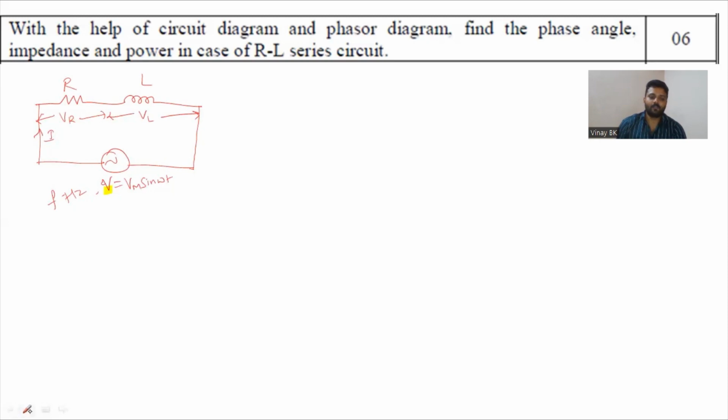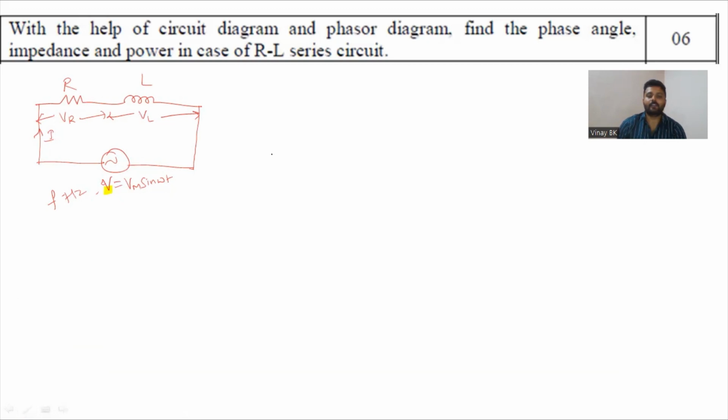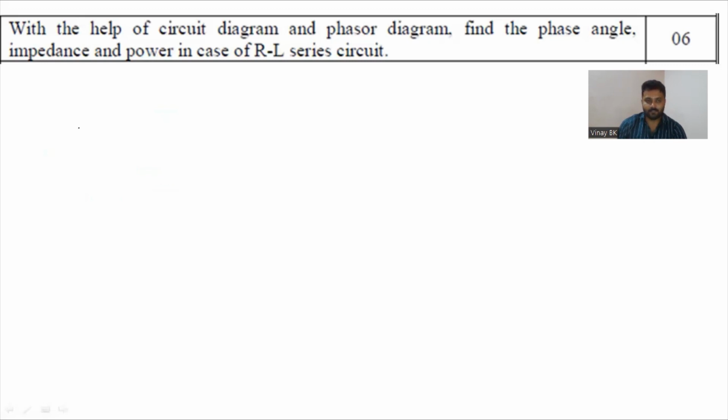Okay, so before drawing the phasor diagram, just have to know here the reference is current. You are taking current as a reference because in a series circuit, the current flowing through R is also I and the current flowing through L is also I. Okay, so let me draw once again a circuit which consists of resistor R, inductor L across voltage source V, total voltage.